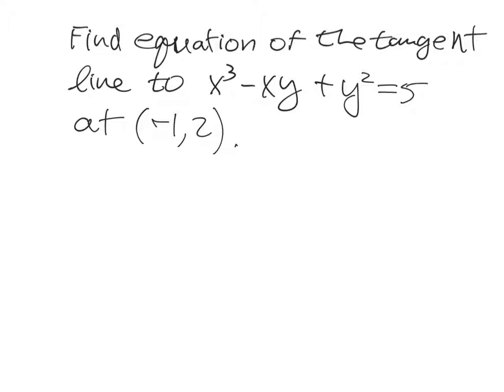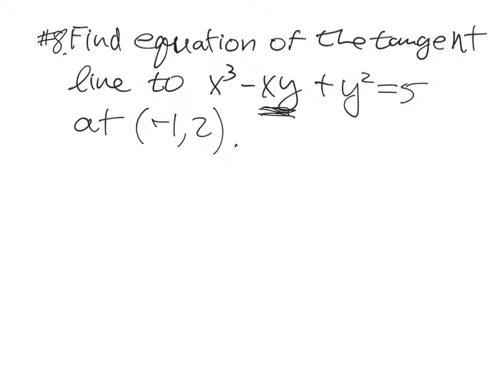Okay, an equation of a tangent line. For this particular graph, this is actually number 8 on the applying implicit differentiation worksheet. This is most likely to cause the most trouble, finding that derivative.